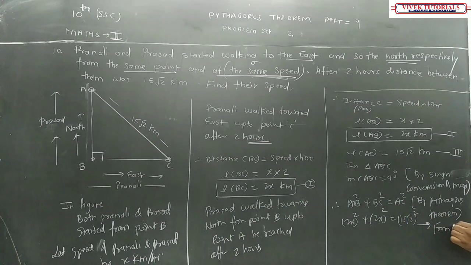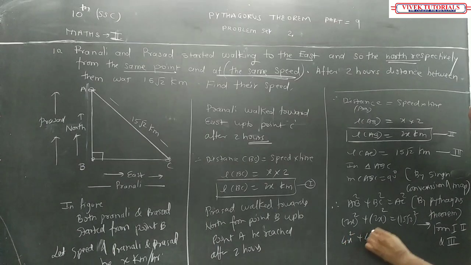So it becomes 4x square plus 4x square is equal to 225 into 2.